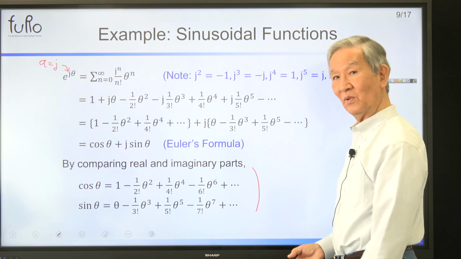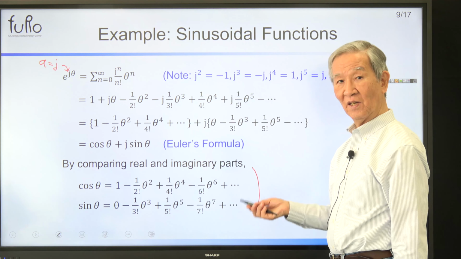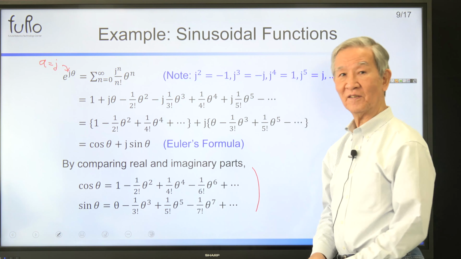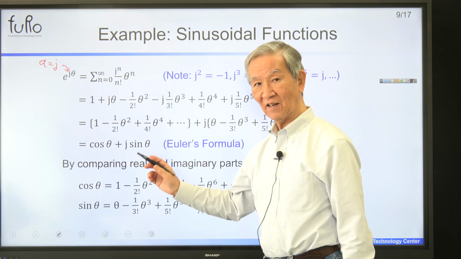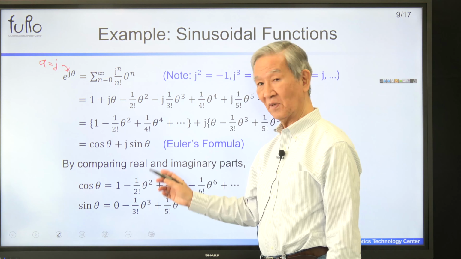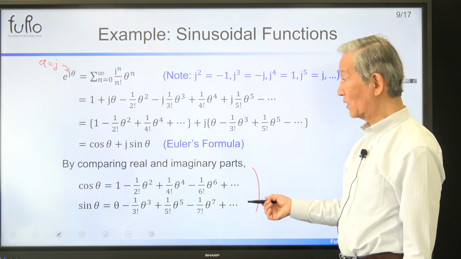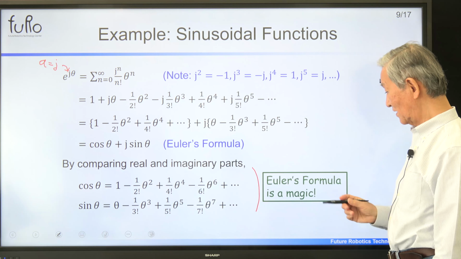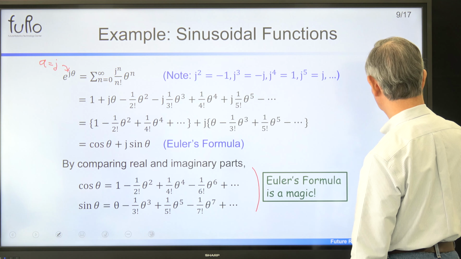So we got two power series for cosine theta and sine theta, which can be used by a computer to compute cosines and sines. Super. Of course, you can start from the definition of the Taylor series and compute the first derivative, second derivatives at 0, and you can get those. But Euler's formula gave us a magic. That's why I like Euler's formula.